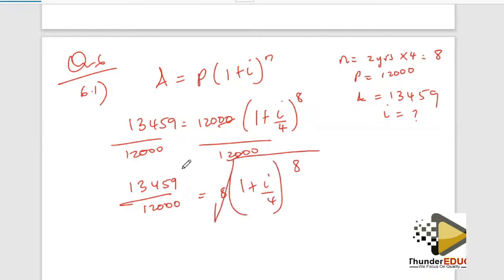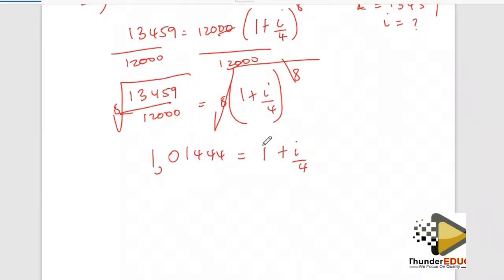And then I'll find the 8th root. Remember what we said: press your shift as if you're looking for the cube root, then move backwards and change that. So the answer I'm getting is 1.01 and then a whole lot of 4s, equal to 1 plus i over 4.